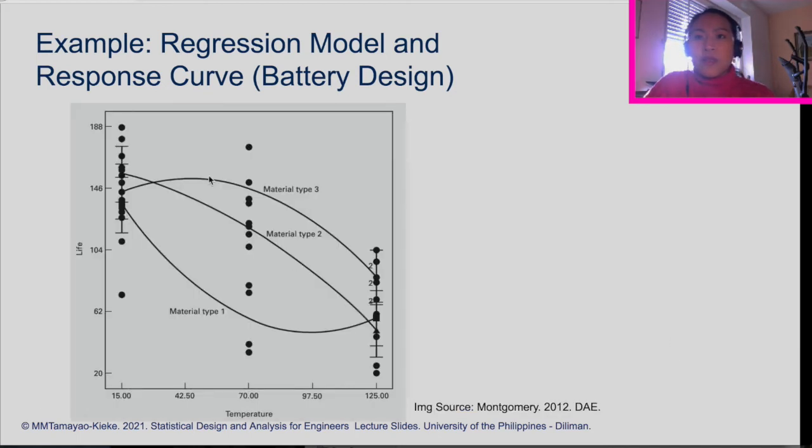And this is the predicted life as a function of temperature for the 3 material types, for the battery design example. So this is your response curve corresponding to the model that we have derived.